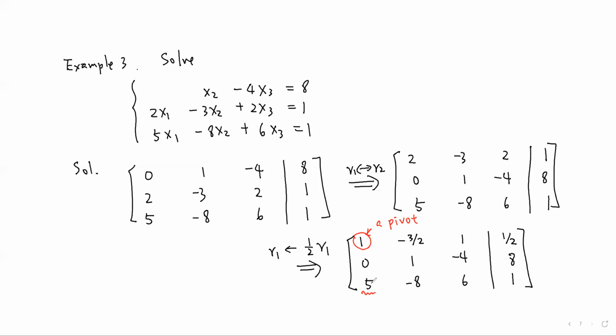To eliminate the number 5, I let -5 times first row, then add the result to row 3. -5 times first row plus row 3. This is a new row. I put the new row in row 3.